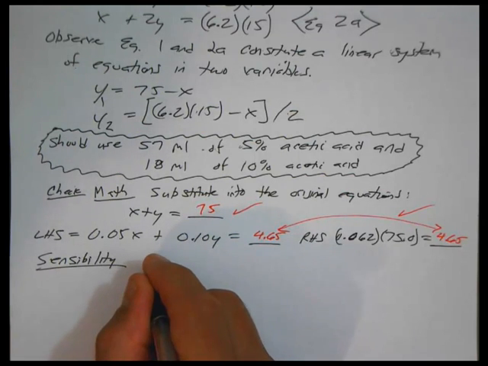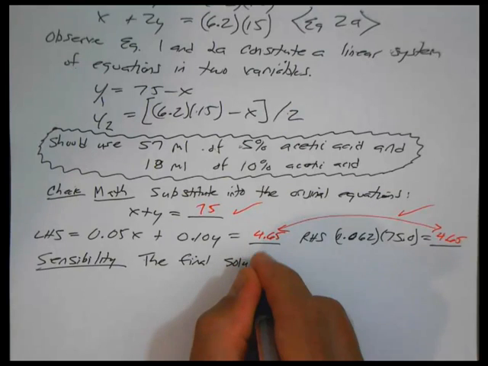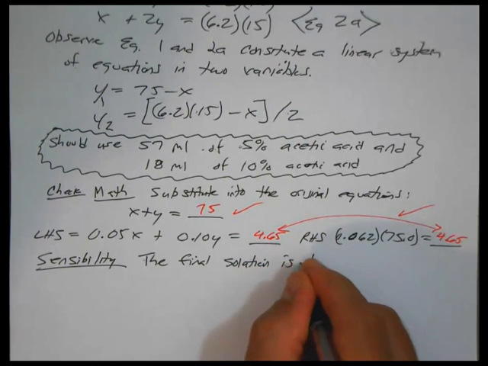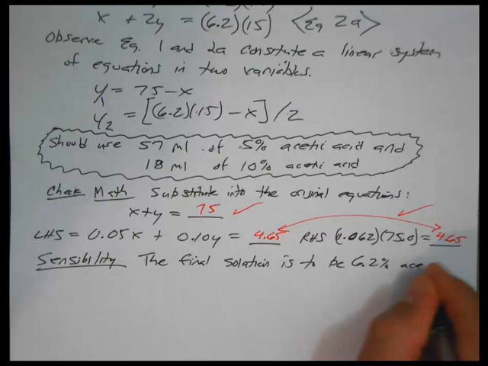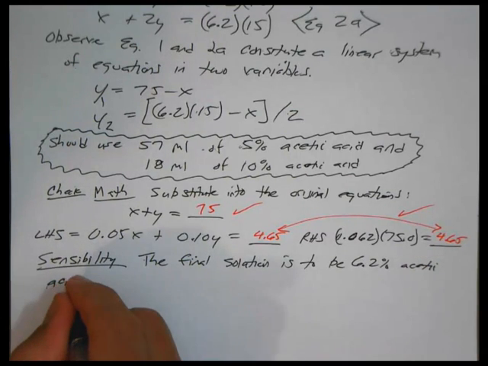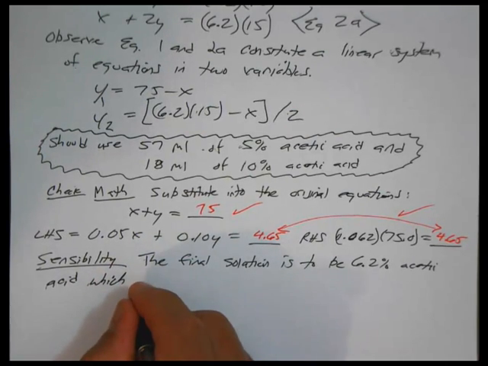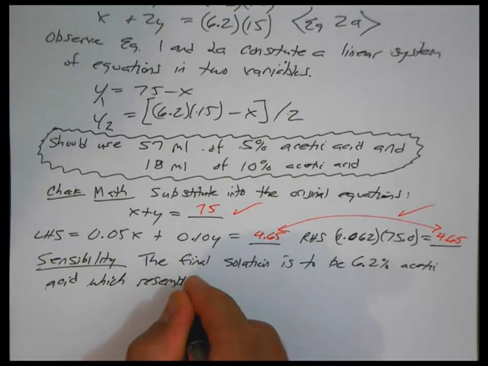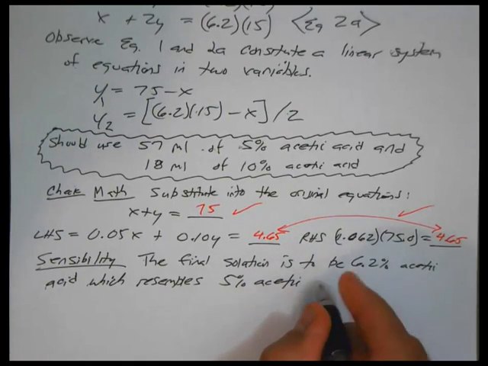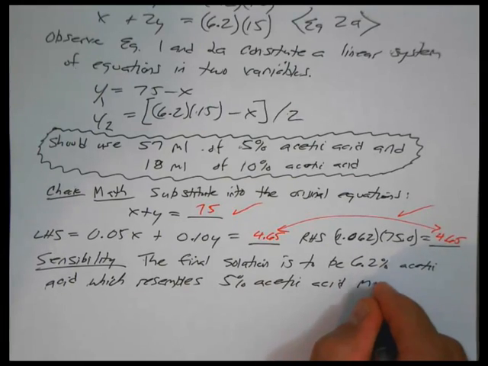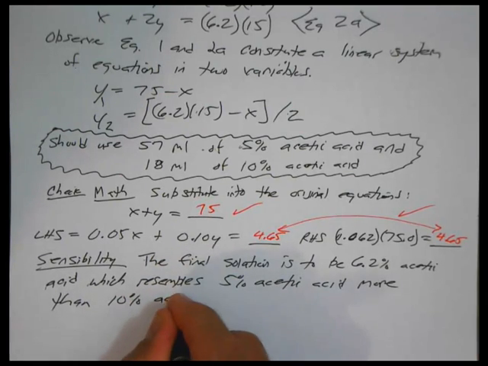The end mixture, the final solution, is to be 6.2% acetic acid, which resembles 5% acetic acid more than 10% acetic acid.